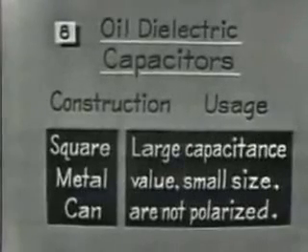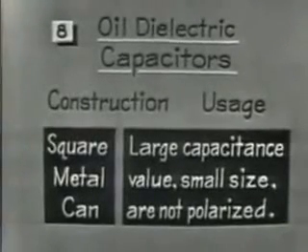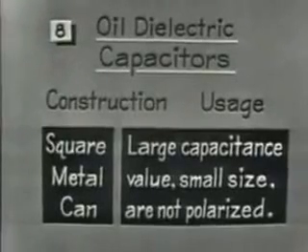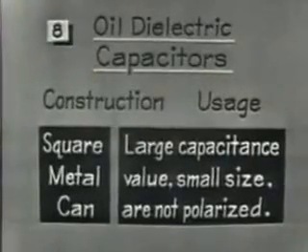The correct answers are square metal can for construction and large capacitance value, small size, and not polarized for usage.